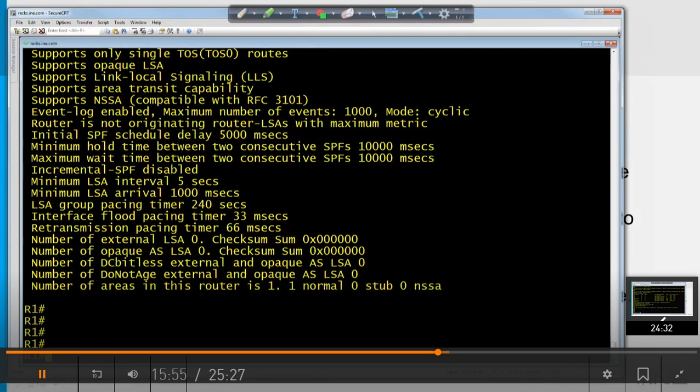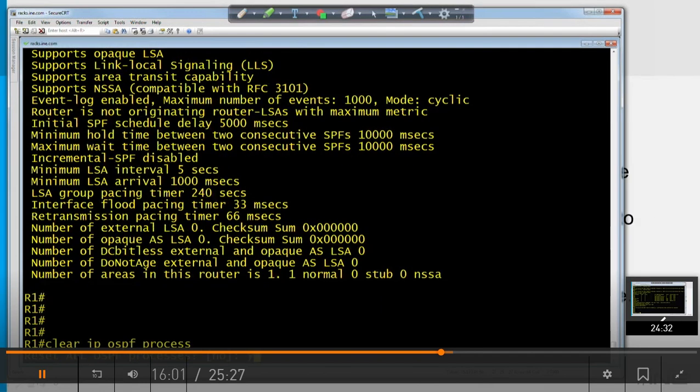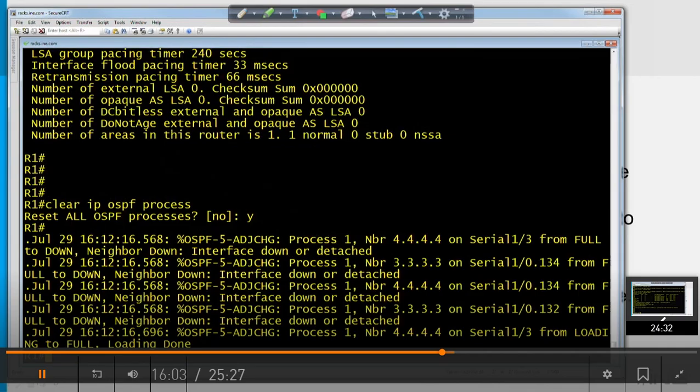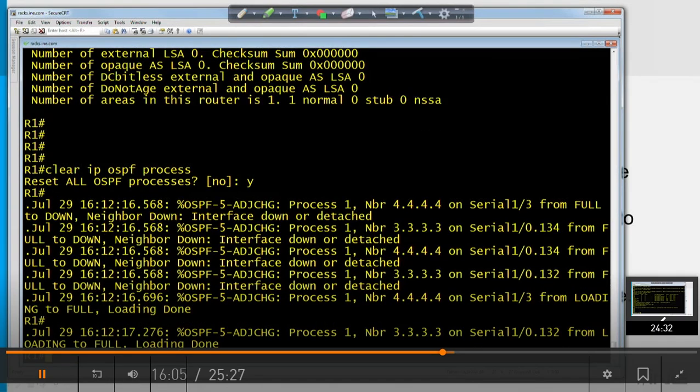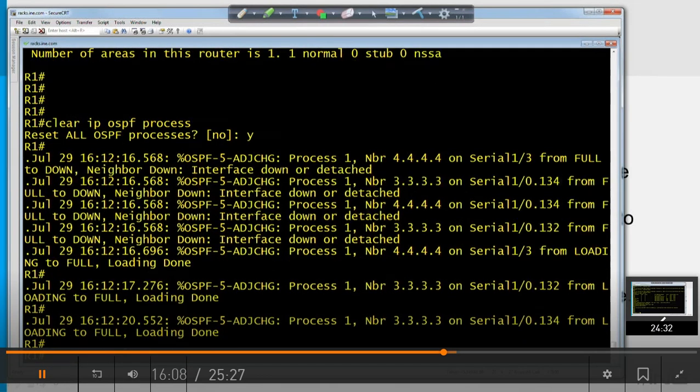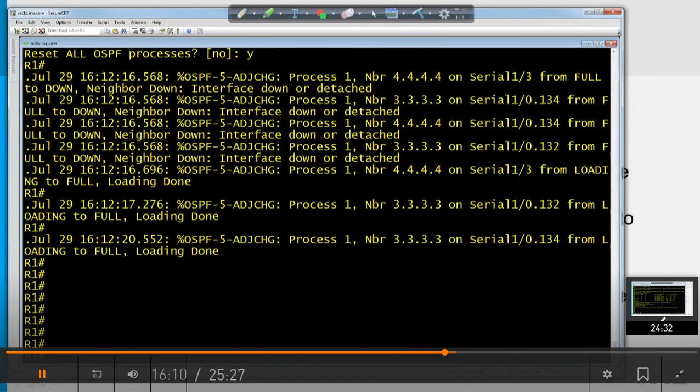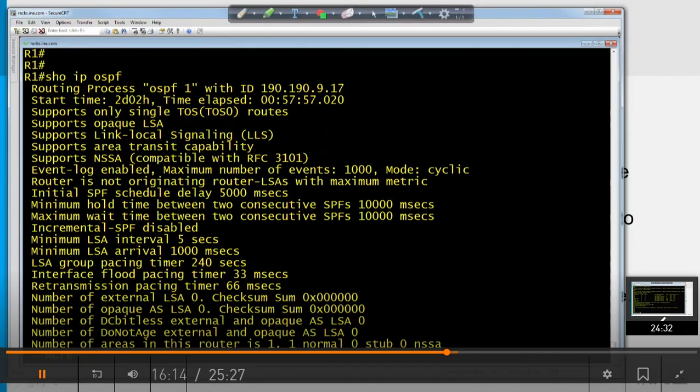Maybe if I clear his process, that will do it. Clear IP OSPF process. Now that killed all of his neighbor relationships, but they will come back. While they're coming back, now he's using this.